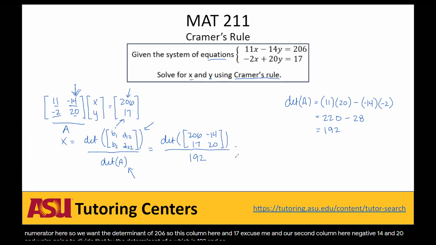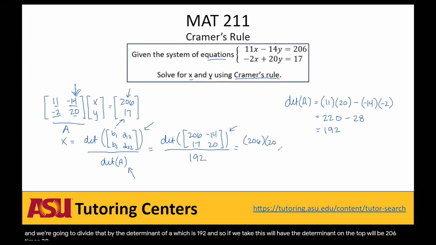If we take this, the determinant on the top will be 206 times 20 minus -14 times 17, and we're going to divide that by 192.